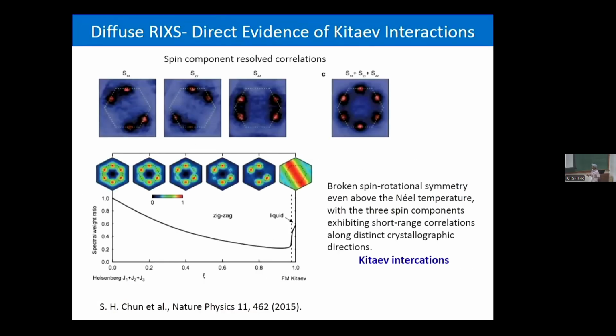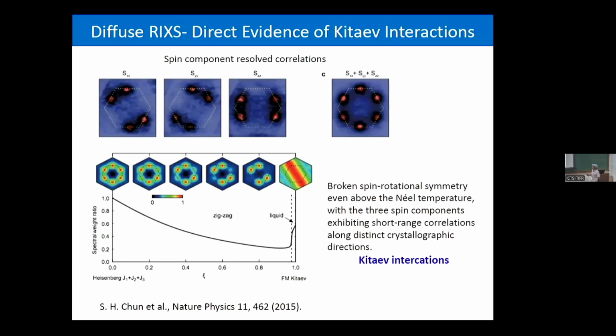Direct evidence of this bond directional exchange was obtained from diffuse x-ray experiments done by B.J. Kim's group. Here they measured spin component resolved spin-spin correlations along different directions. When they look at SXX, the Sx coupling to each other, they see intensity only along one bond. If they look at SYY, they see intensity along another bond, which is perpendicular to this one, and SZZ is again different.